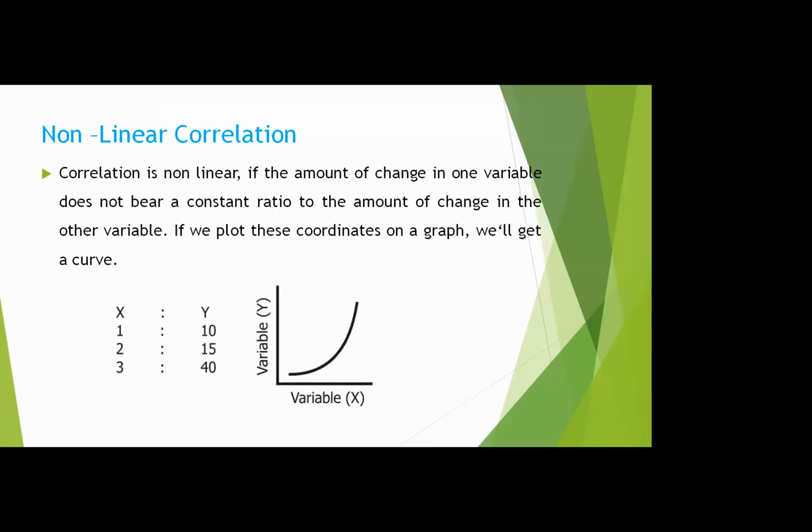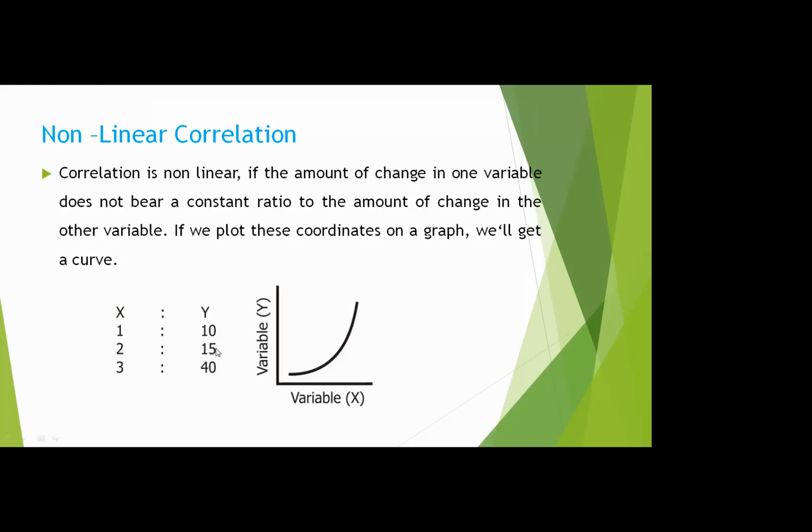And sometimes it can be non-linear. What will be a non-linear example? Here we have the same example, x 1, 2, 3, but the y values are 10, 15 and 25. Sorry, 14. From 1 to 2, x has a change of 1 unit, but y rises from 10 to 15.